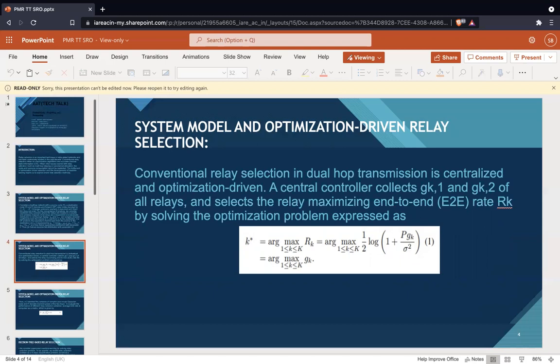A central controller collects gk1 and gk2 of all relays and selects the relay maximizing the end-to-end rate Rk by solving the optimization problem expressed as k star equal to argmax over 1 less than or equal to k less than or equal to K of Rk, equal to argmax of 1 by 2 log of 1 plus P gk by lambda sigma square, equal to argmax of gk.